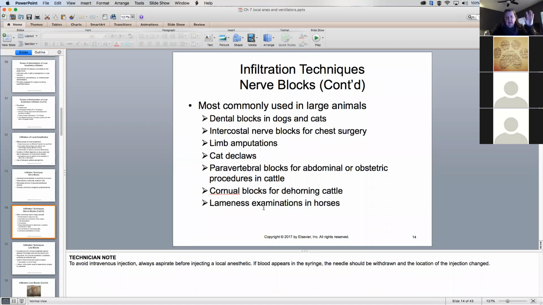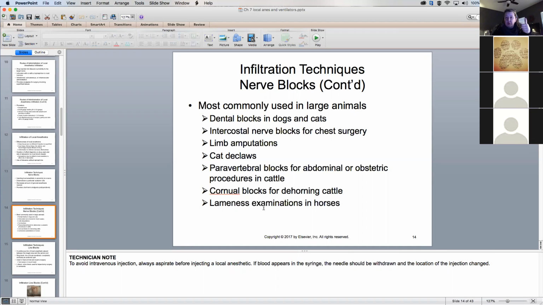When the doctor decides which limb or which joint they think is affected, they would do a joint block. If you numb the joint, then they would say run the horse. And if the horse all of a sudden isn't lame anymore, then they've isolated the problem. So a lot of these lameness exams in horses, you end up doing these blocks, and that helps the doctor, because if a horse is lame on its left front leg, well, which joint?